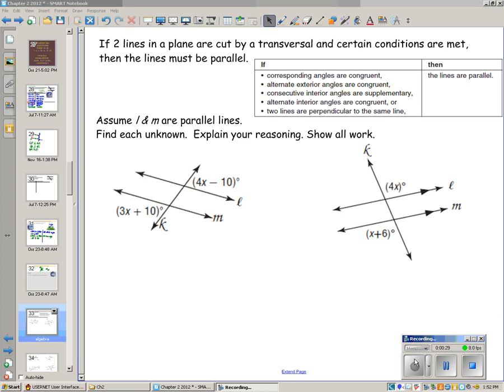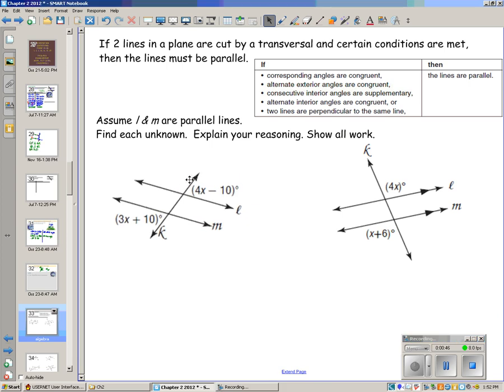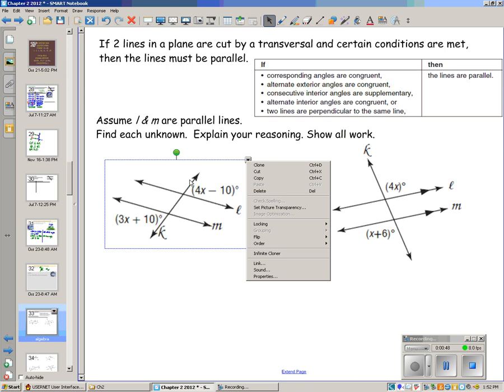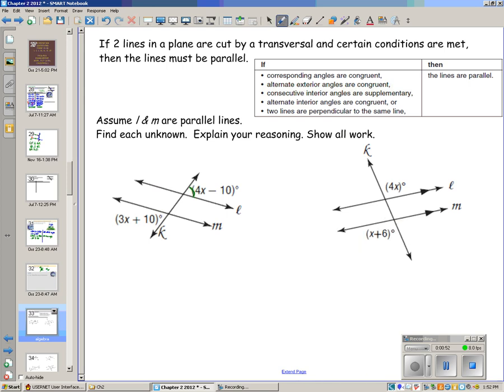We have to look at the relationship between them. If you look at this angle, this angle and this angle would be what? 4x minus 10 degrees.